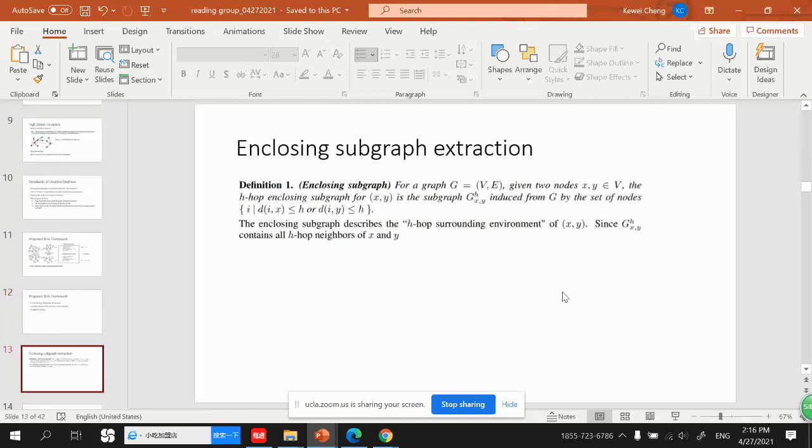First of all, we would like to show how we can extract the enclosing subgraph. Here, we define the enclosing subgraph as follows.